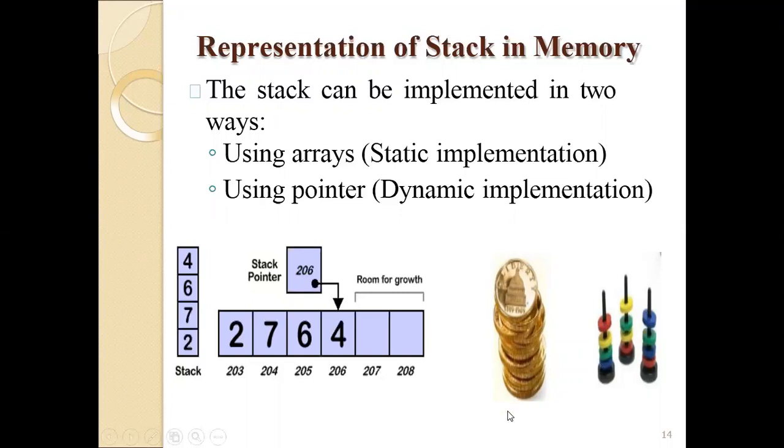Because if you want to remove the coins, the first coin placed will be the very last coin removed from this stack, and the newest one, that means the topmost coin, is the first coin that can be removed from this stack. In the same way, the things are here in terms of this ring circle. This is an example of a stack.